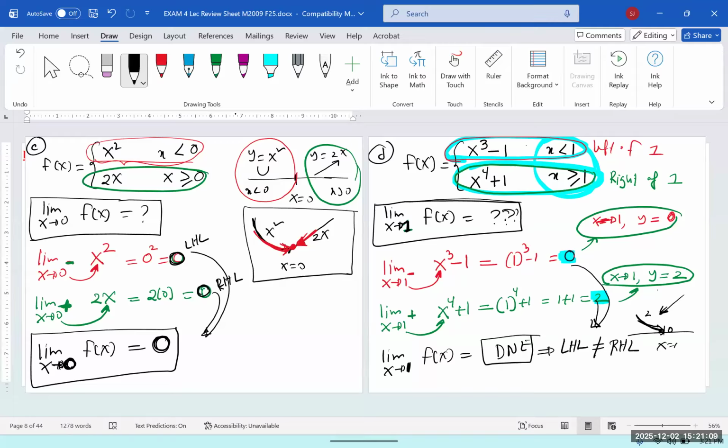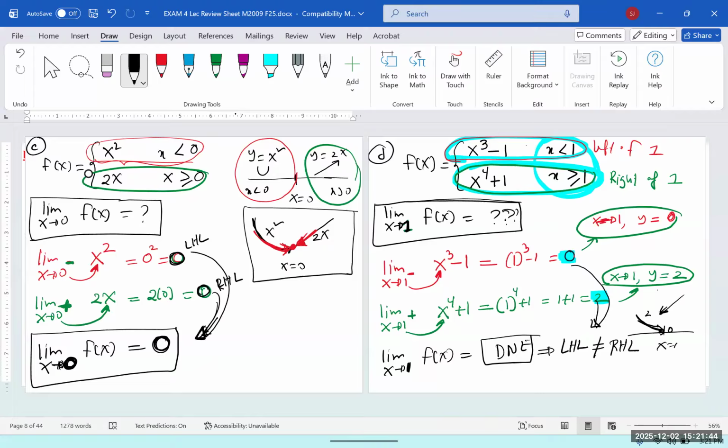If you have the same y value for both the left side and the right side, then exactly at that limiting value, your limit exists, and the limit is the same number as your left limit and right limit.